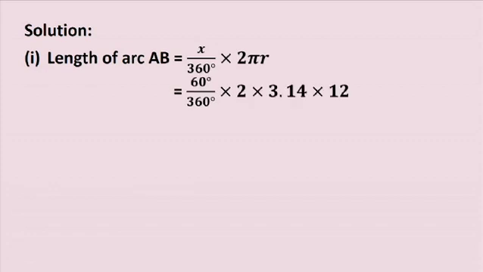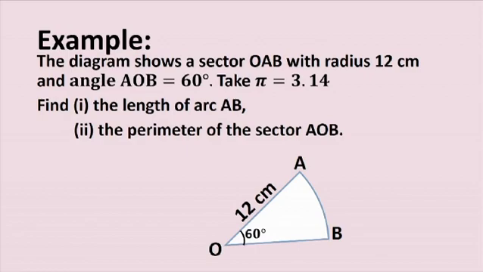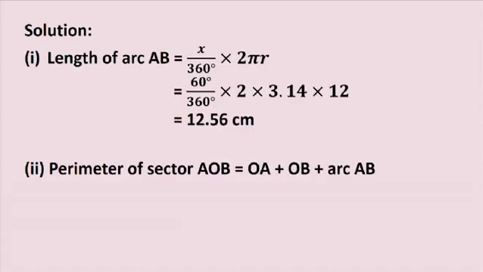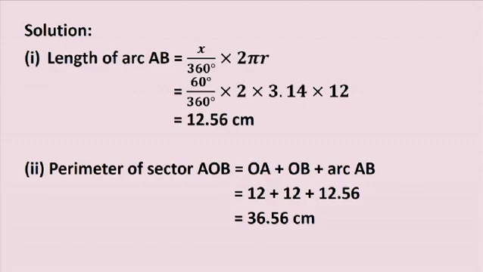That is 60 over 360 times 2 times 3.14 times 12, which gives me 12.56 centimeters. To find the perimeter, I will have to add OA plus the arc AB plus OB. So the perimeter will be 12 plus 12 plus 12.56, which is 36.56 centimeters.